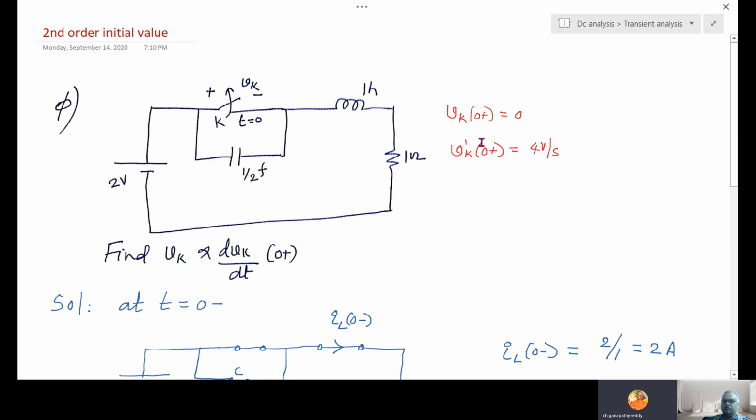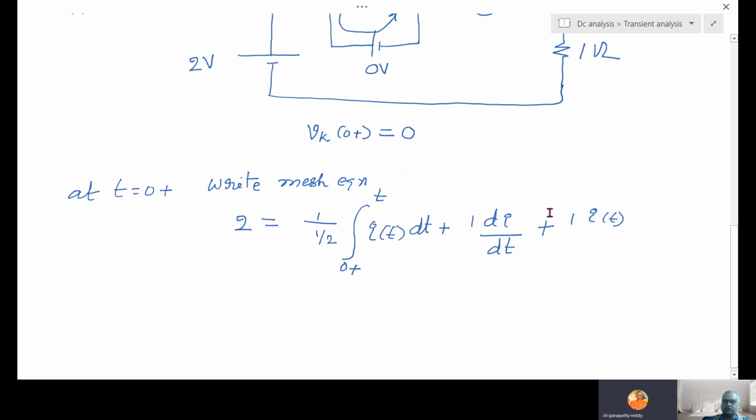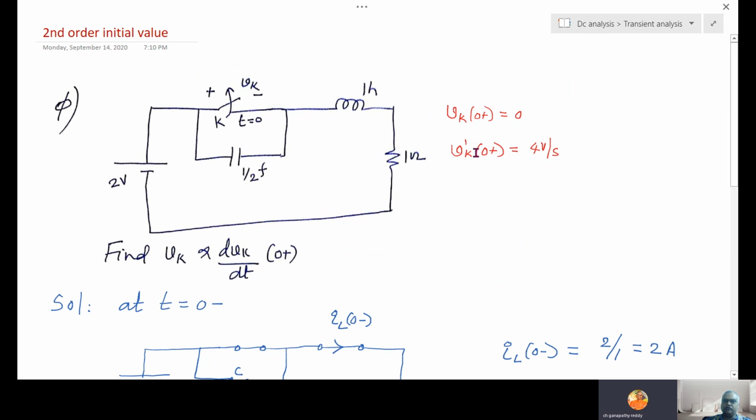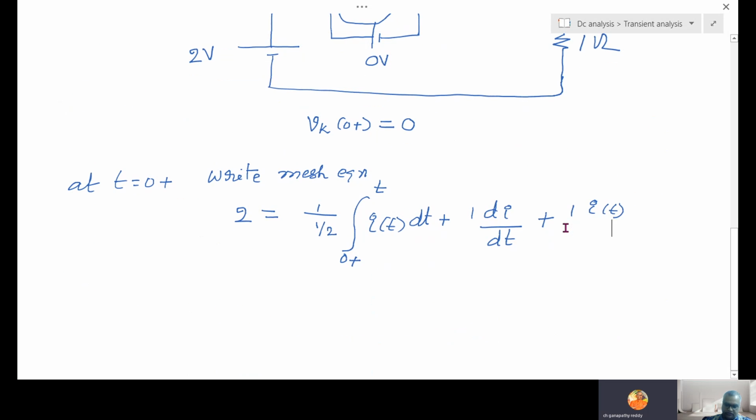He is asking dVk, so this mesh equation is sufficient. This whole is not necessary. Depending on the question, we have to decide. Vk prime, what is the equation for Vk? Vk of t is nothing but 1 by C, that is 2, integral from 0 plus to t of I of t dt.